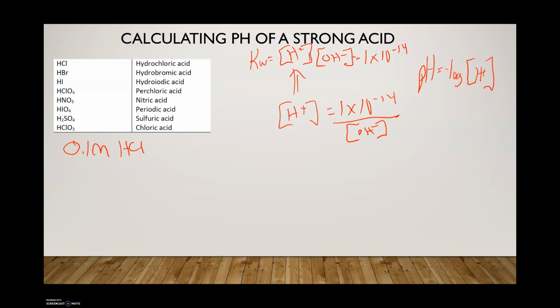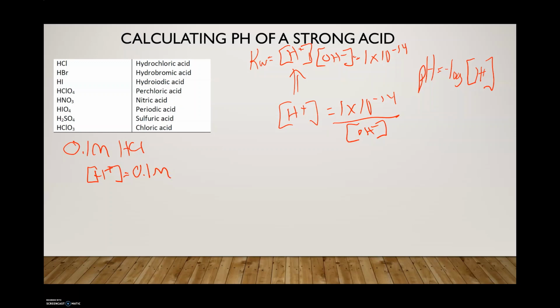Second thing we have to do is know which equation to use. In order to do that, we look at the HCl. HCl is a strong acid. It breaks down to form H plus and Cl minus. The concentration of the H plus is equal to the concentration of the HCl. So now what we can say is the concentration of hydrogen ions is 0.1 molar.